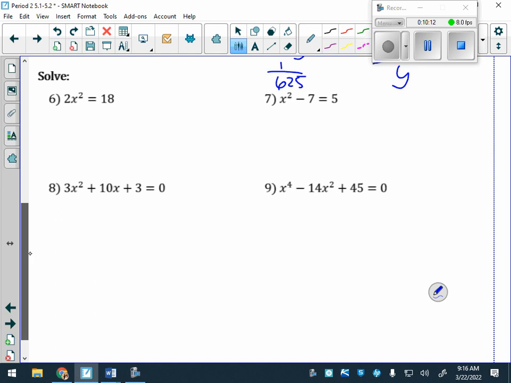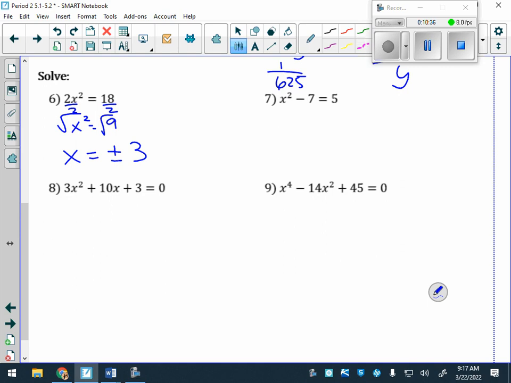Okay, then we get into solving. Number 6. Campbell, what do we got? Excellent. X equals plus or minus 3. Divide by 2. X squared equals 9. When you're solving and taking the square root of either side, you have plus or minus. Okay.